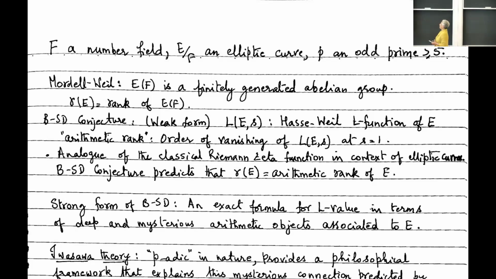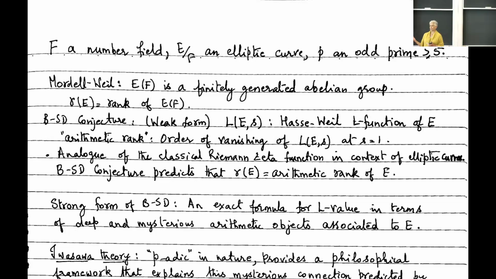And then there is the Hasse-Weil L-function of E, which is really an analog of the classical Riemann zeta function in the context of the motive coming from the elliptic curve. And the order of vanishing of this Hasse-Weil function at s equals 1, this is usually called the analytic rank.